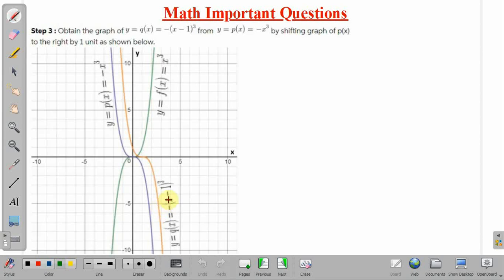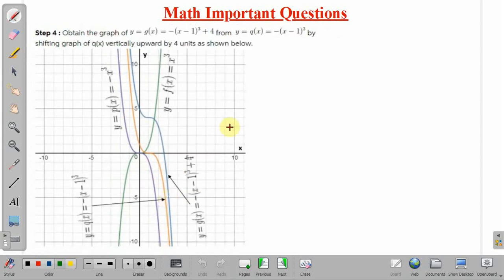Next, we can obtain the graph of g(x), which is the required graph, that is minus of (x minus 1) raised to the power 3 plus 4. We can obtain this from q(x), which is minus of (x minus 1) raised to the power 3. So we have to shift the graph of q(x) by 4 units in the upward direction.